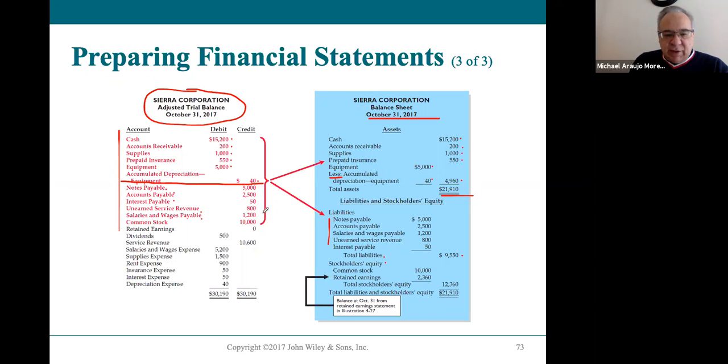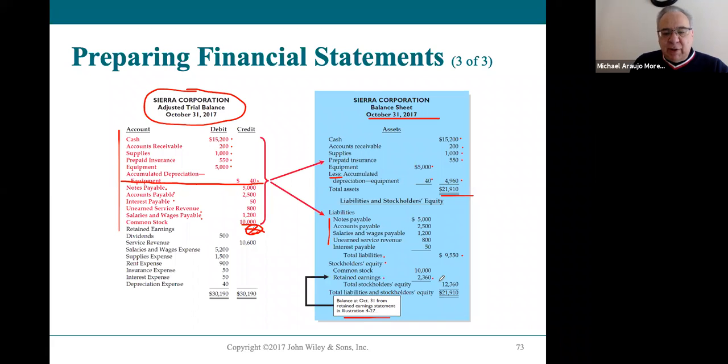Stockholders' equity is next. You know what the common stock account is. 10,000 is here. Retained earnings, we don't use this one because we already did a retained earnings statement. We use that. So retained earnings is 2,360 because we got that from the retained earnings statement. That's the most current retained earnings. This is not the most current retained earnings, but the one that comes from the retained earnings statement is.